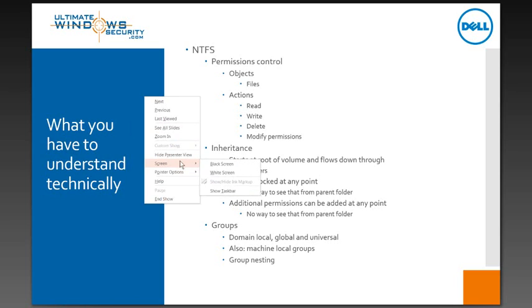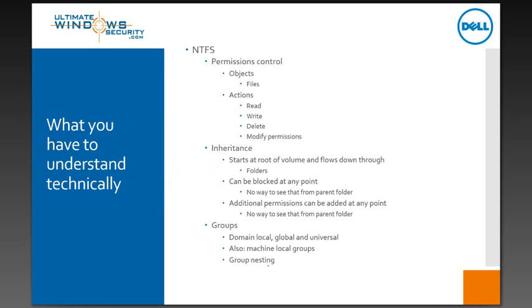Let me point that out right here. We do not like machine local groups because as soon as you start controlling access with local groups on some member server, you lose your visibility of those entitlements up in Active Directory.